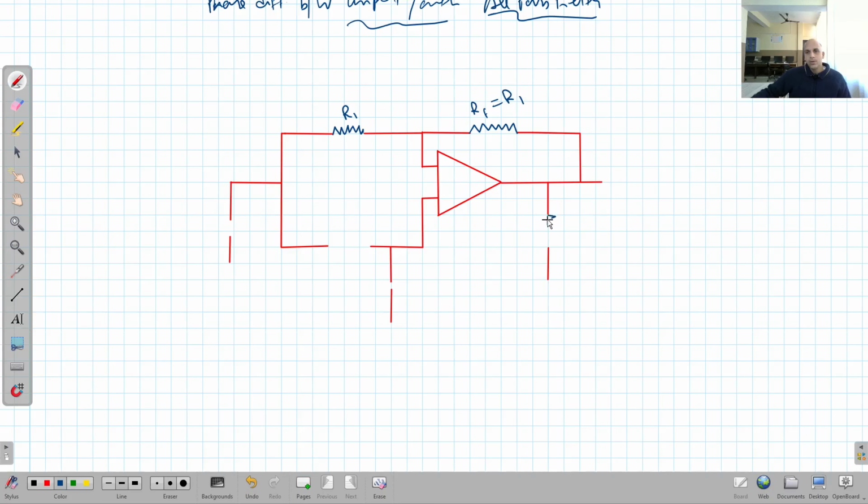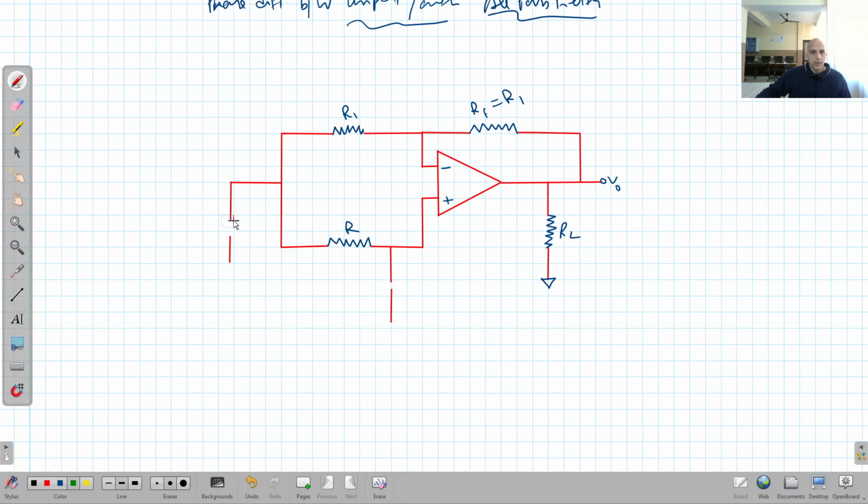This is the load resistor RL. This is the output voltage V output. This is virtual ground. This is plus, this is minus. Again, we have a resistance here. This is R. This is the capacitor, and this is the input signal.